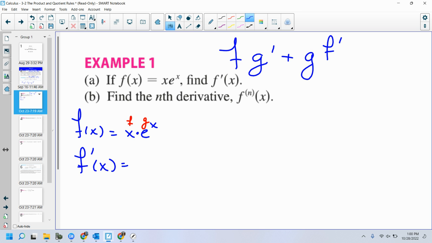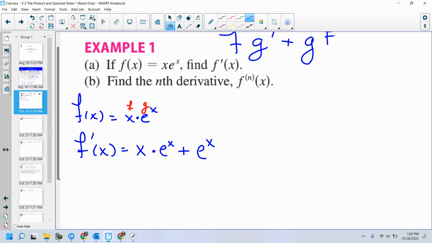So this is going to be f times the derivative of g. Well, what's the derivative of e to the x? e to the x. Our good friend, the one that's so simple. Plus, okay, we got g f prime. The original g, e to the x, times f prime. What's the derivative of x? Just 1. So there it is.